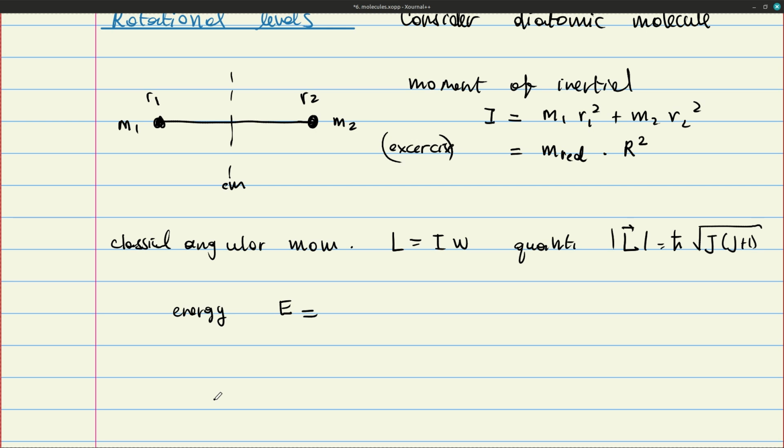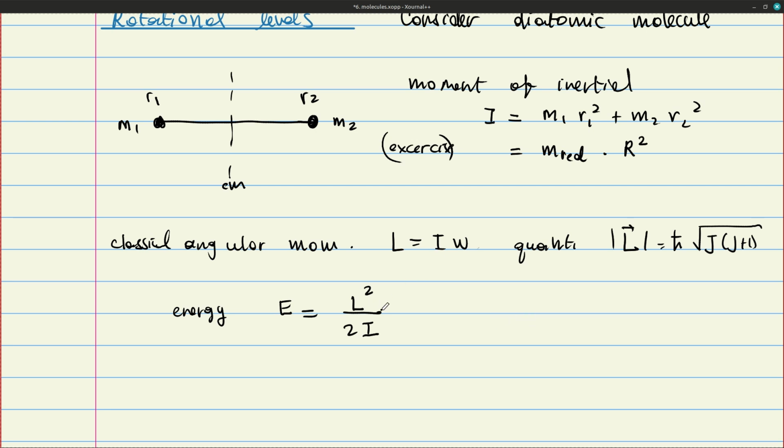There is no potential. L squared divided by 2I. So it's kind of a mystery to me why this formula is so confusing. It's just p squared over 2m, right? Replace p with L and replace m with I. That's what it is. Is that clear?